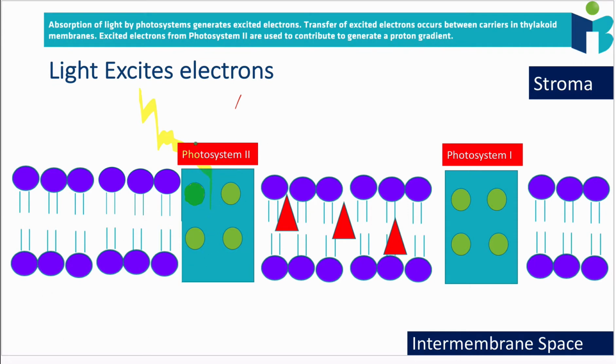A photosystem is where we have a bunch of chlorophyll molecules, and those are the things responsible for absorbing light energy.